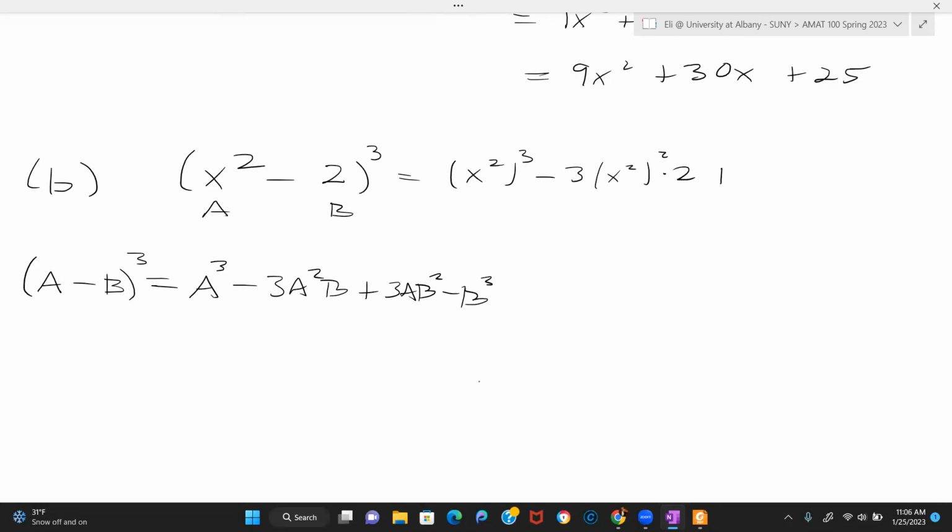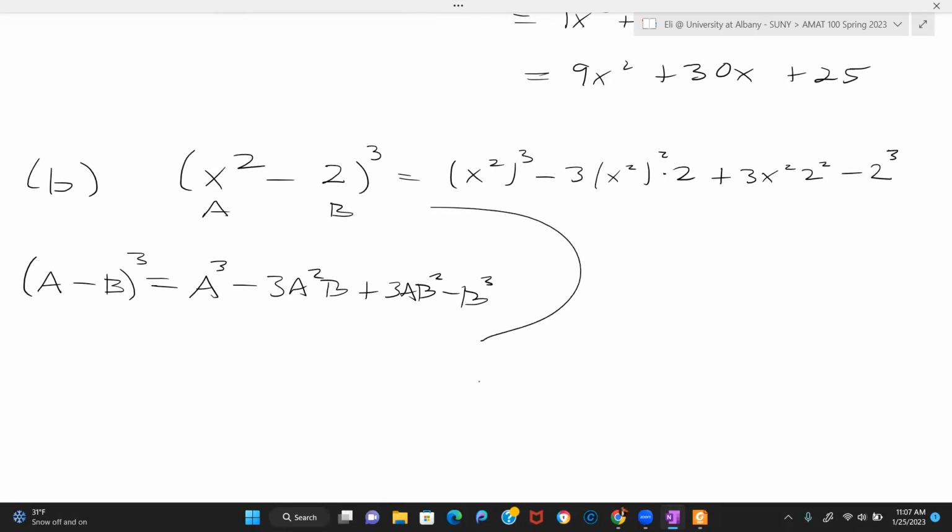And then it's plus 3 times a, so x squared, times b squared, so it's going to be 2 squared, and then finally it's minus b cubed, so it's minus 2 cubed.